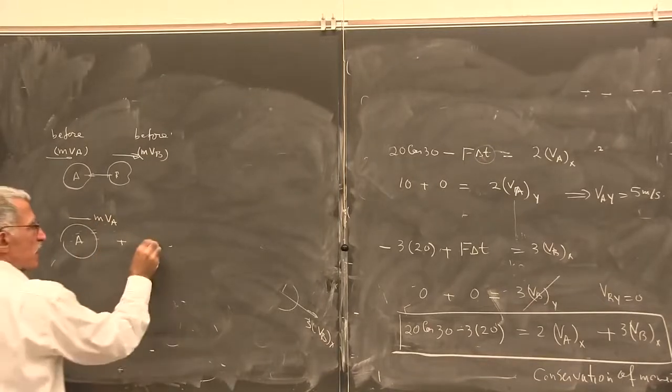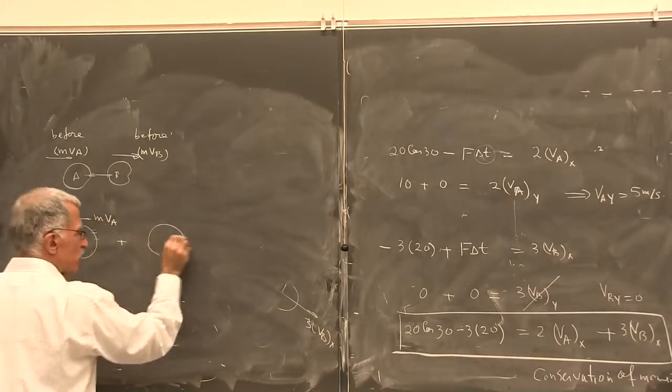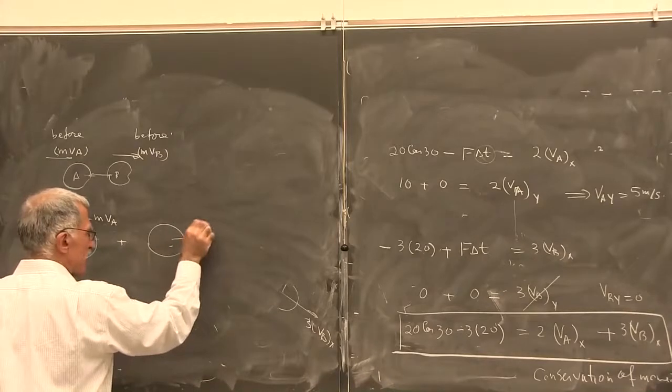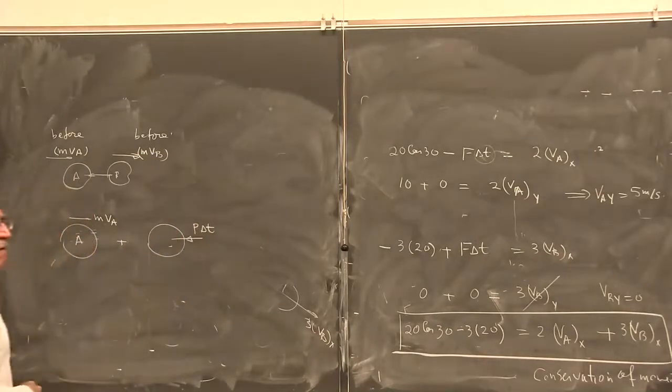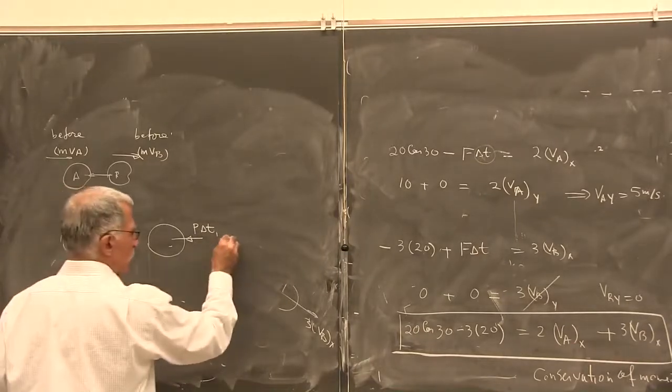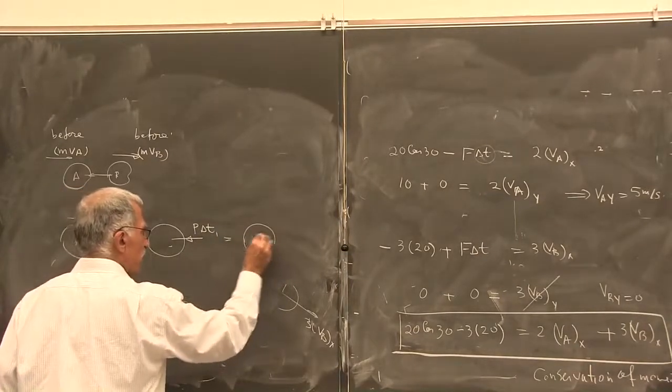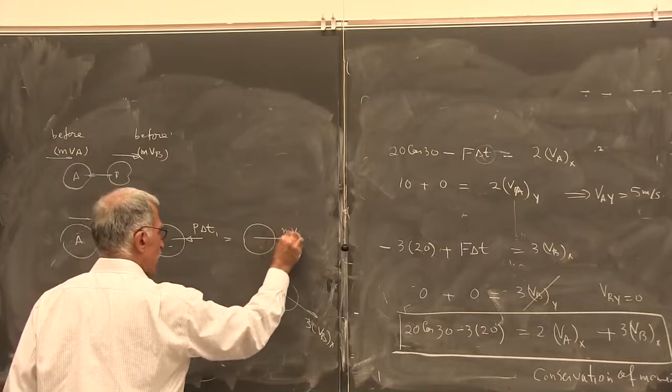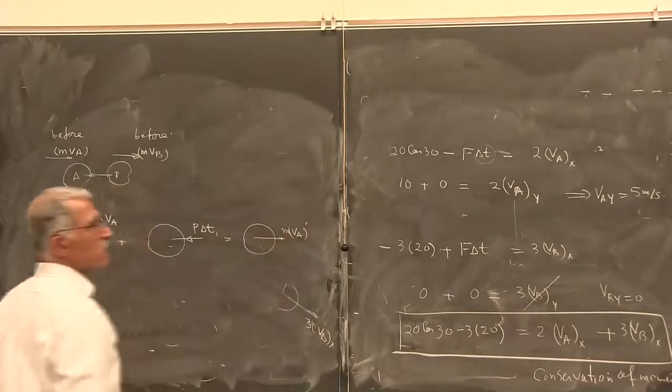Then you have some collision, which we can call P delta t, or we can say delta t1. The total one is delta t. And as a result, it obtains a new momentum, which we call mVA prime.